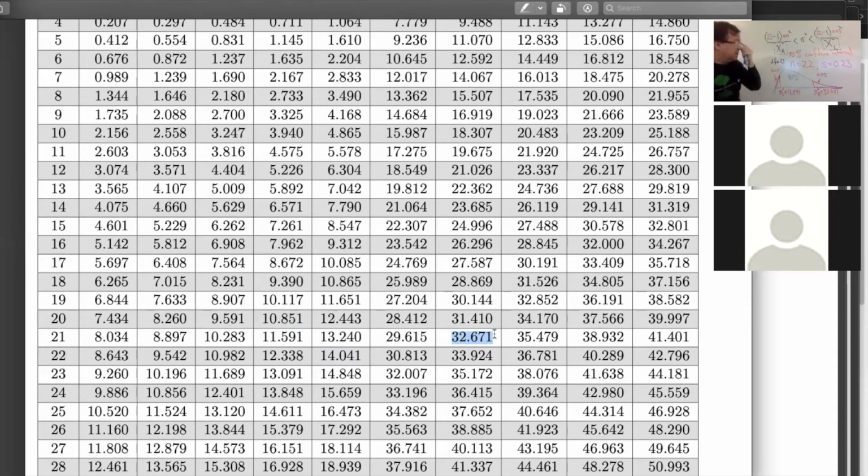And so now I'm ready to come back to here and here. I'm going to replace chi-square R with 32.671, and I'm going to replace chi-square L with 11.591.